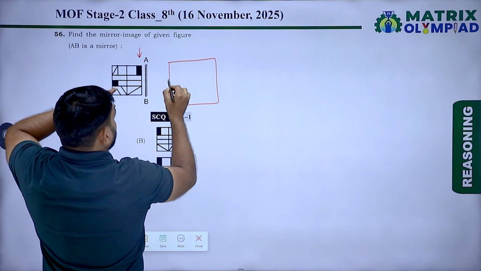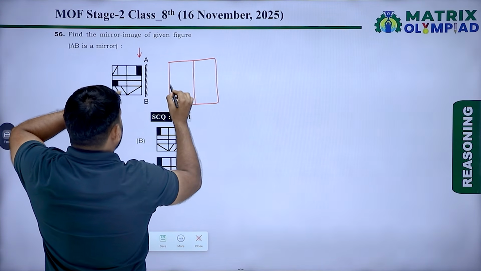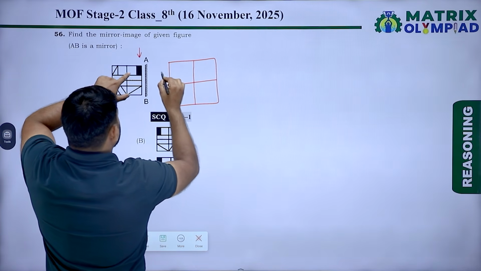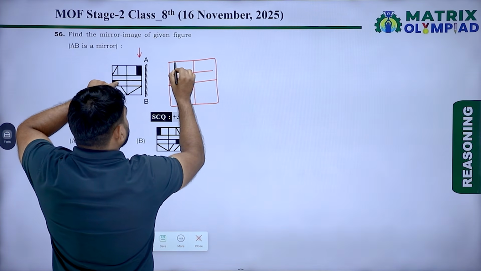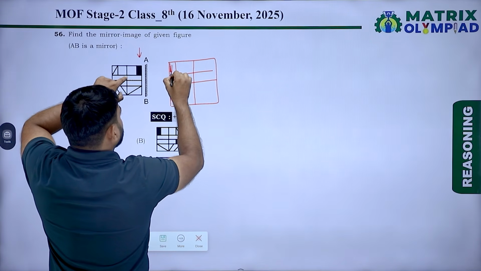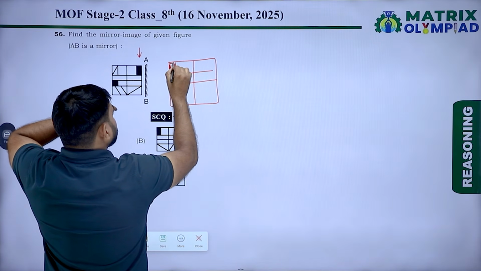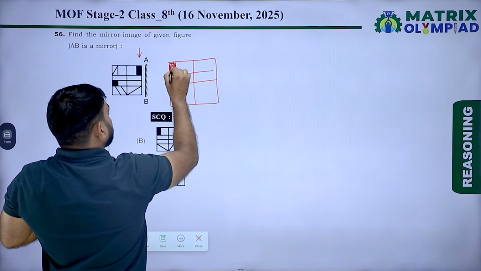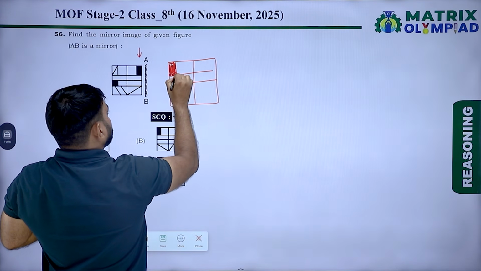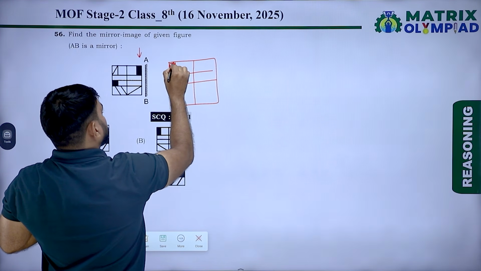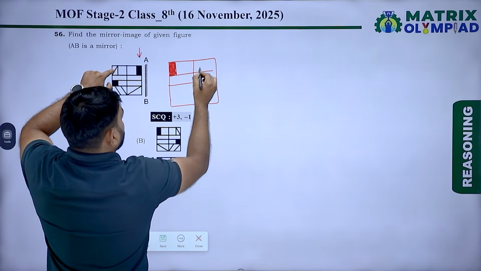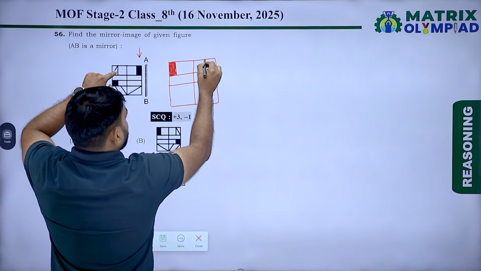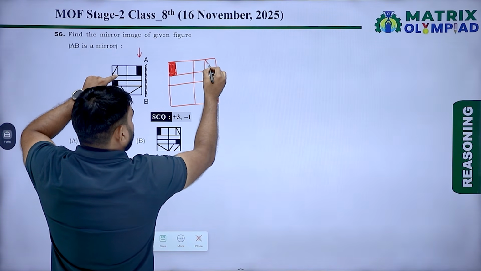So mirror image of given figure looks as follows. First find the mirror image of this part. Mirror image of this part will look something like this. This is the shaded portion. Now mirror image of this part will look something like this.